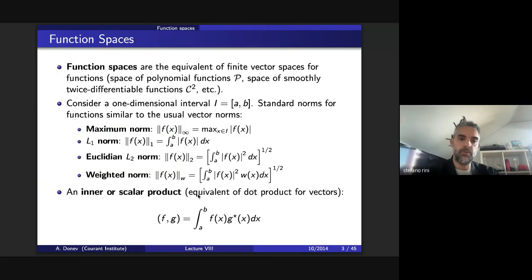So here you see that if you put g equal to f, then you get f times f complex conjugate, which is equal to the Euclidean norm. You see that this inner product induces this L2 norm, but of course also the other way around works. And you can go from the norm to the inner product.